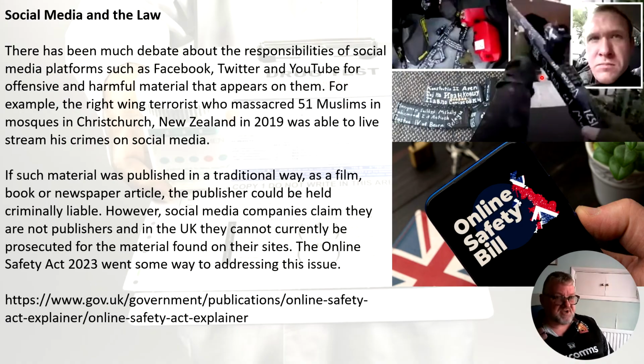If such material was published in a traditional way, such as a film, a book, or a newspaper article, the person that published it would be held criminally liable. However, social media companies claim they're not the publishers, and in the UK they cannot currently, well, that's not quite true, be prosecuted for the material found on their sites.